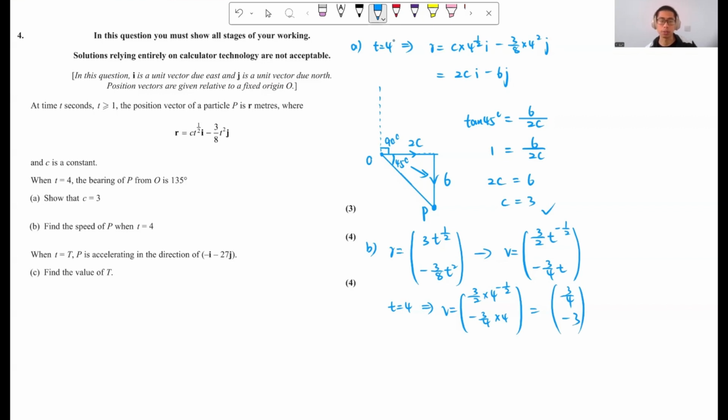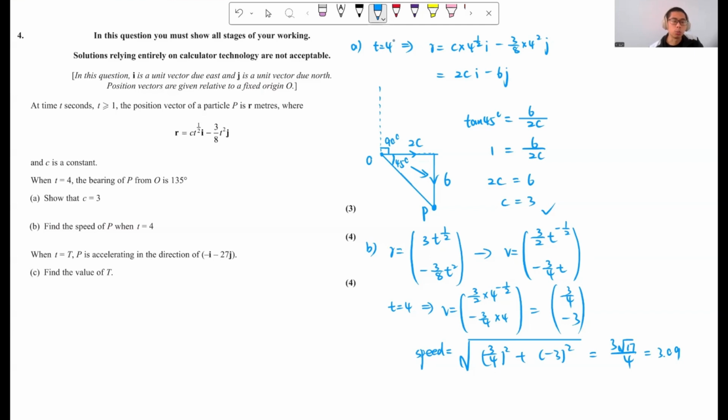That will be the velocity vector, but they're looking for the speed. The speed is the magnitude of the velocity, so that'll be the square root of (3/4) squared plus (-3) squared. The answer is 3√17/4, and if we change that into decimal, that would be 3.09. That would be the answer.